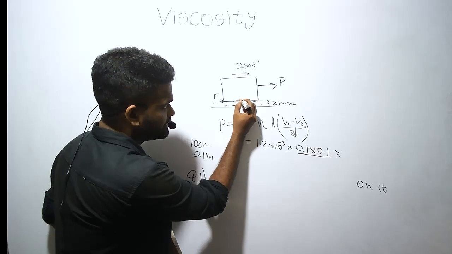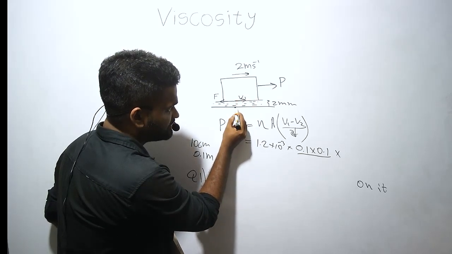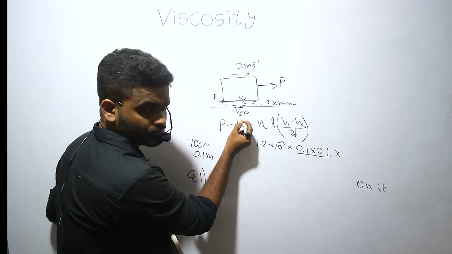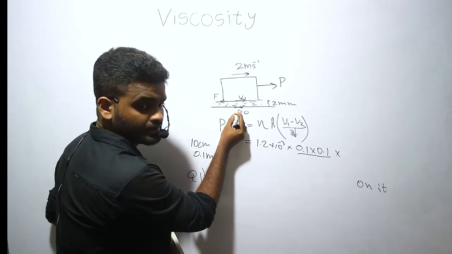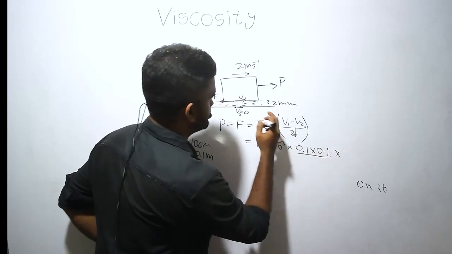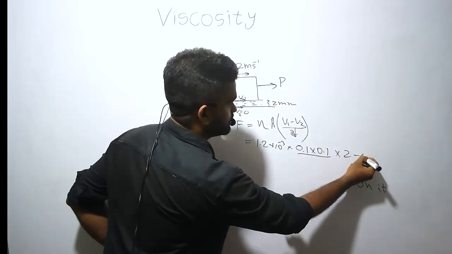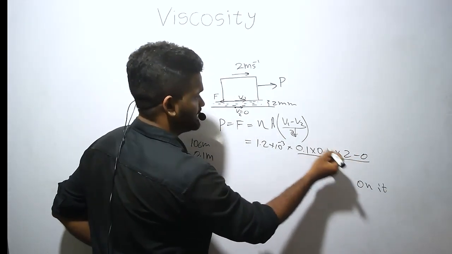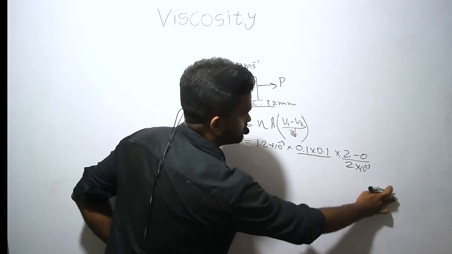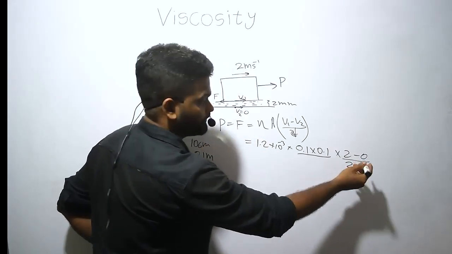That is V1, right? Here the velocity of the liquid layer is 0. That is V2. This point is at rest. So just substitute values. V1 is 2 minus 0 divided by D. D is 2 millimeters. Convert into meters, you have to multiply by 10 to the power minus 3. Right?